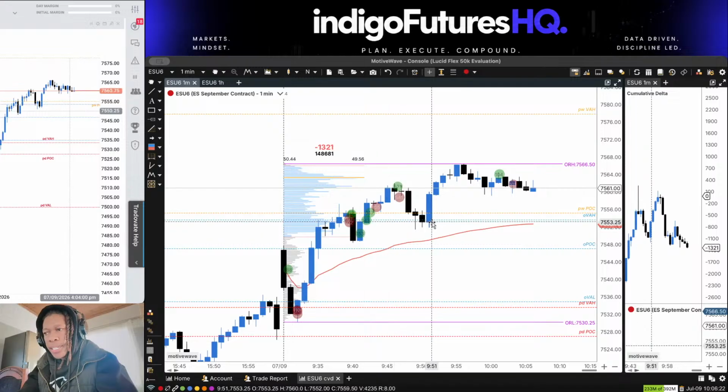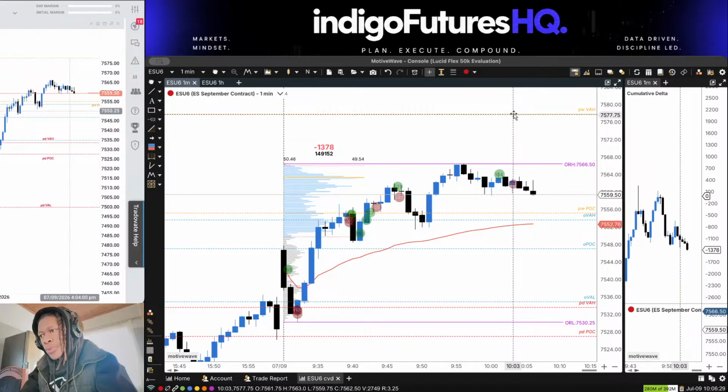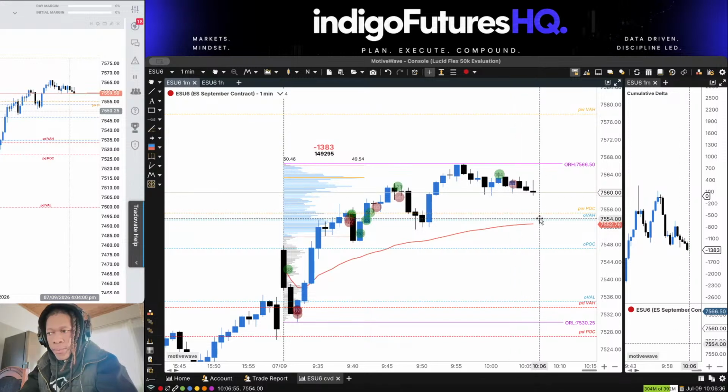Yeah, I guess this overnight value area high long was a play, but from here I would have been trying to target the previous week value area high. I ain't gonna lie to you. I think I'll short.